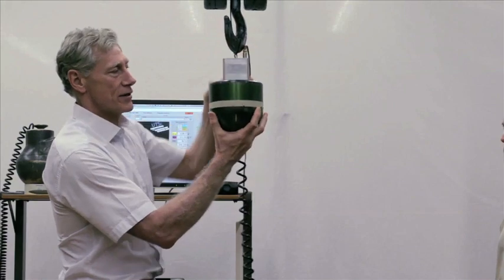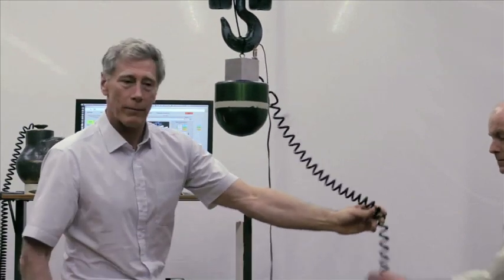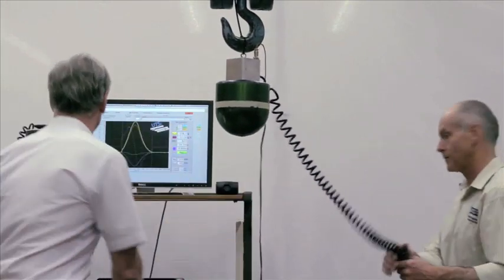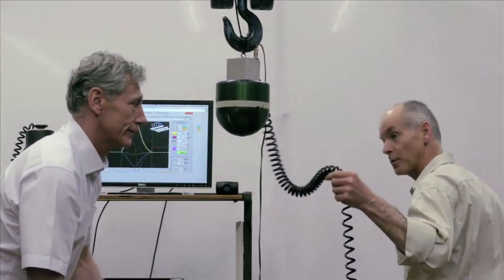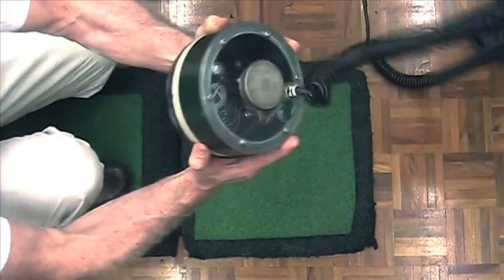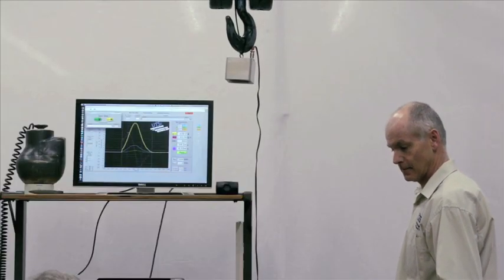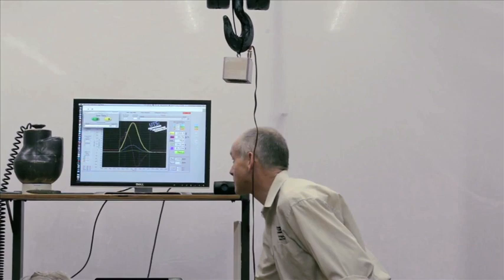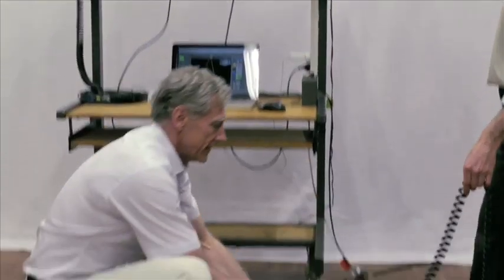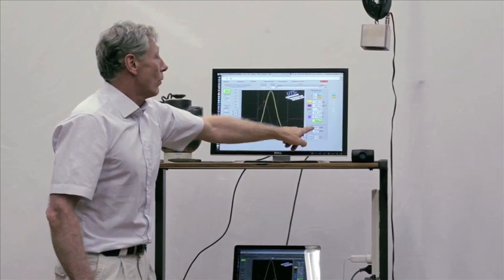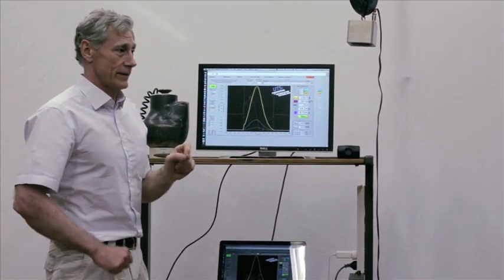I'm now going to demonstrate a fall from 1.5 metres. We're on. Okay, and dropping. Notice the height that it bounced to. In this case, the software calculated a bounce height of 547 millimetres and a fall height of 1440 millimetres.